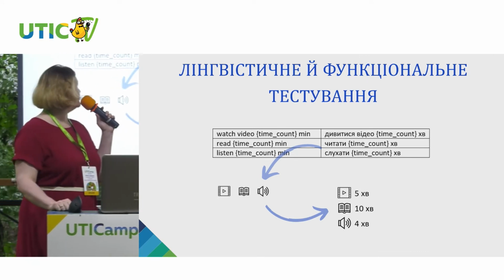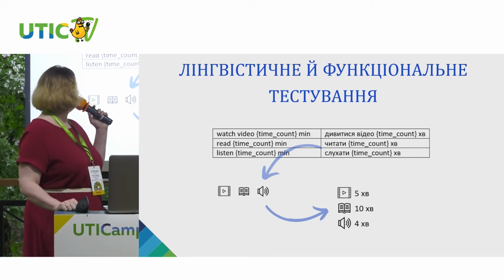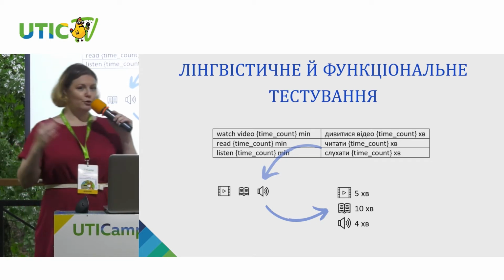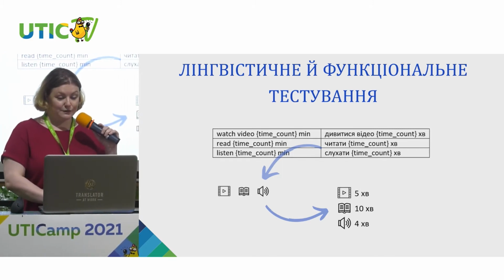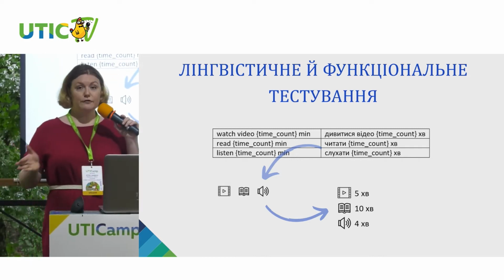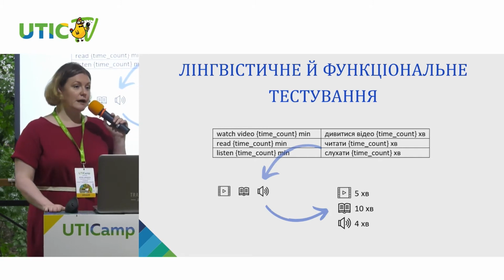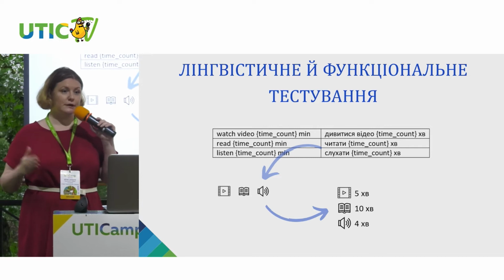As for linguistic and functional testing, this is a small example of what it looked like, what happened to it, and what the end result looks like. This is the example of localizing a learning program on a web platform.